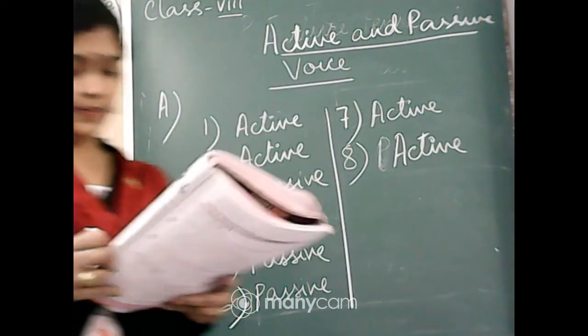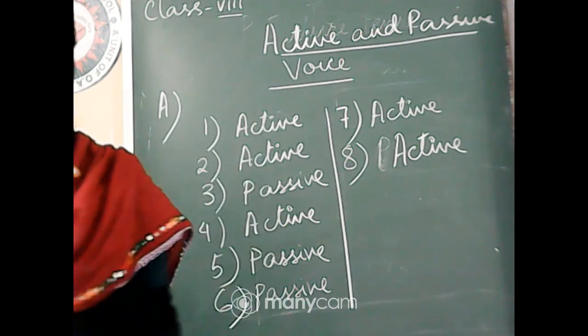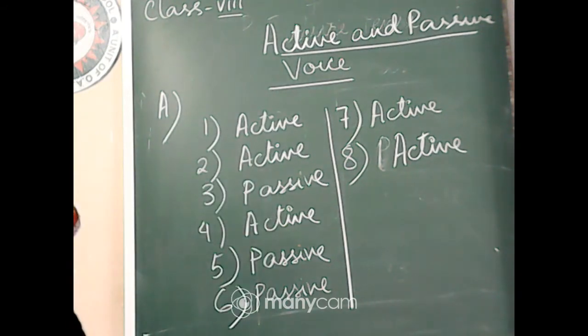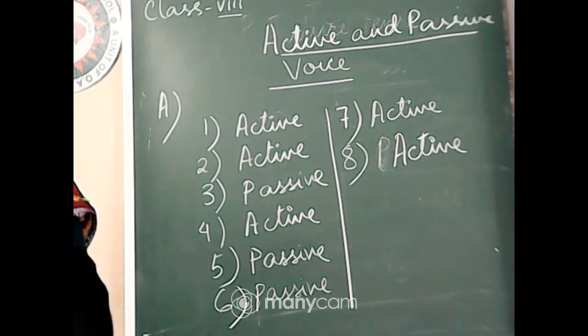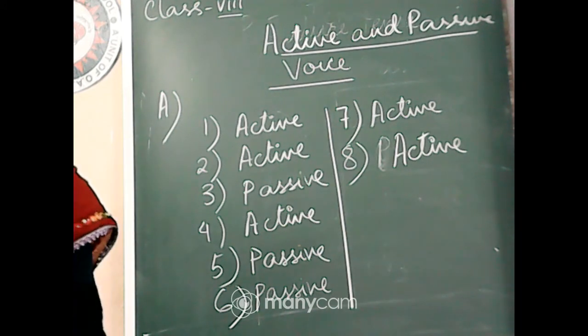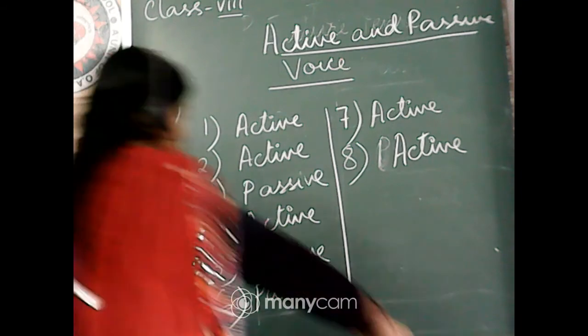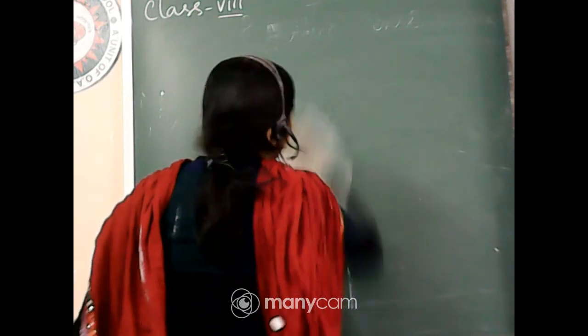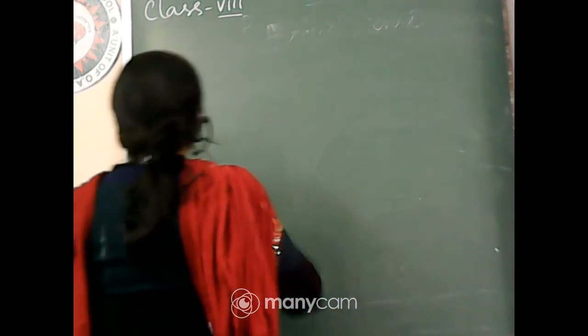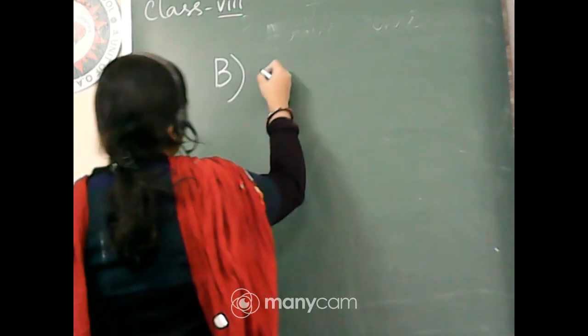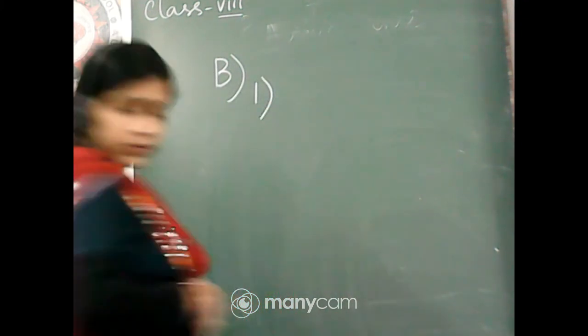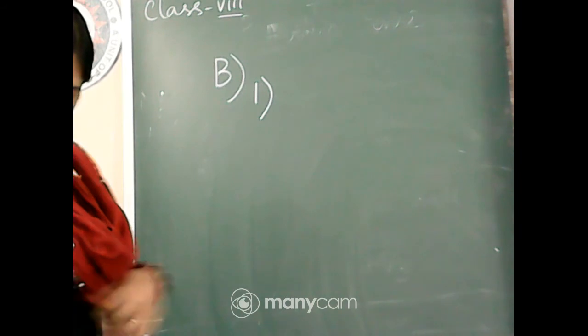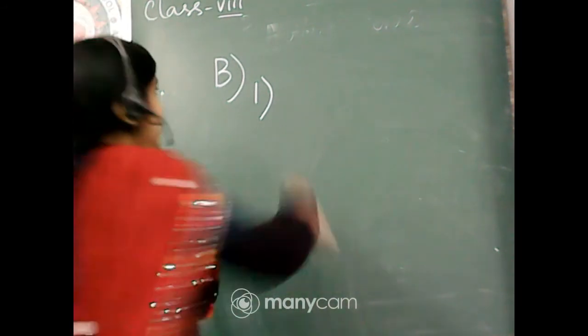The flowers are plucked and collected carefully by him. Okay, so it's very simple. Let us write the paragraph in our copy. The plants are watered by Jumman every day.